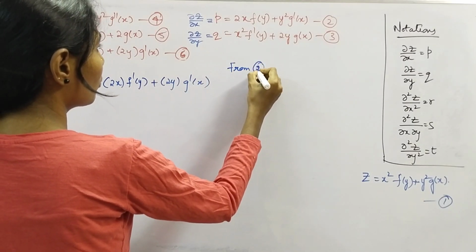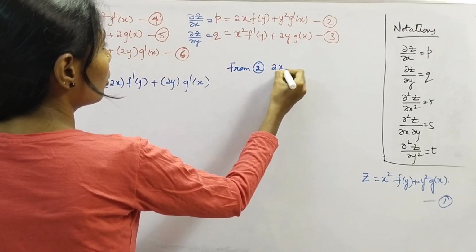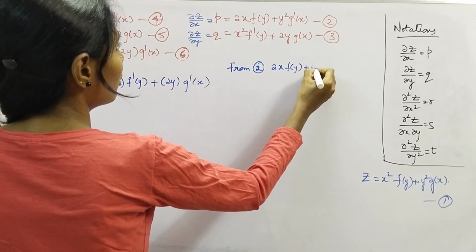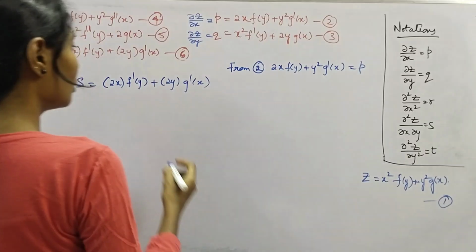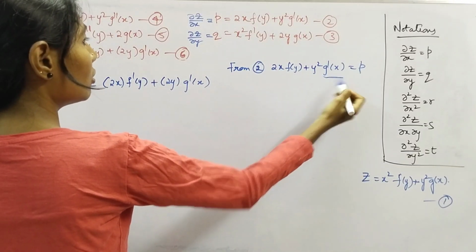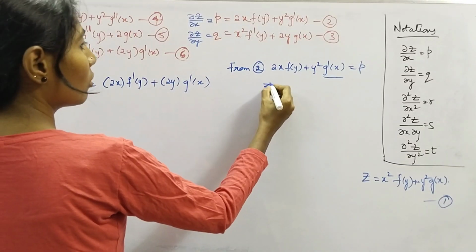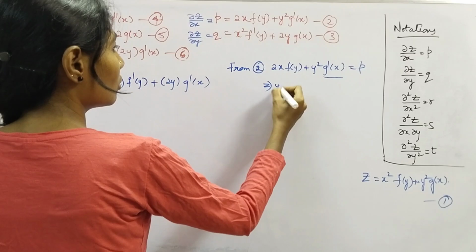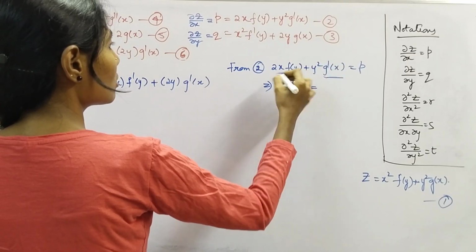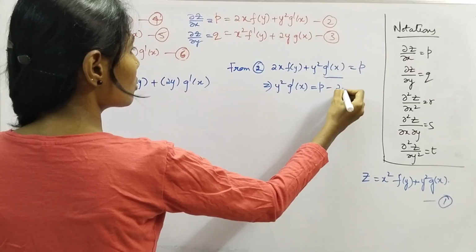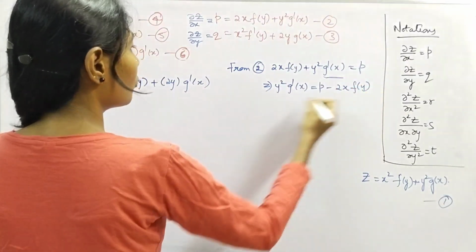From 2, we have 2x f(y) plus y² g'(x) equal to p, right? So from this you can find the value of g'(x). Let this term stay as it is and take this term to the RHS, you'll get p minus 2x f(y).